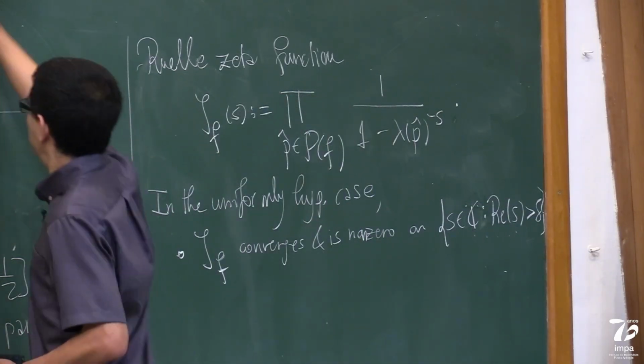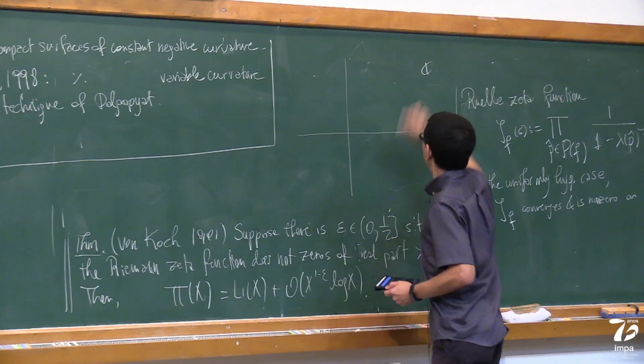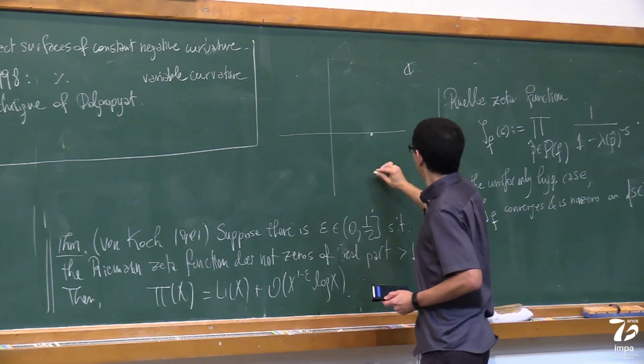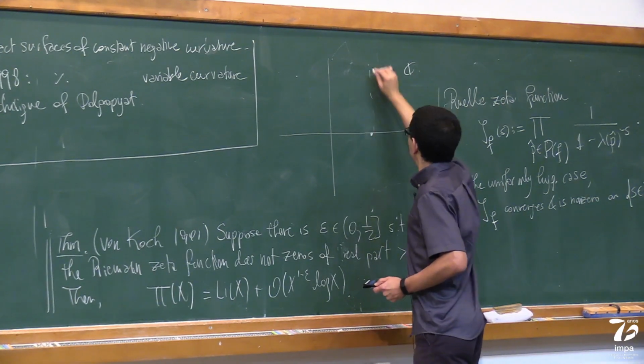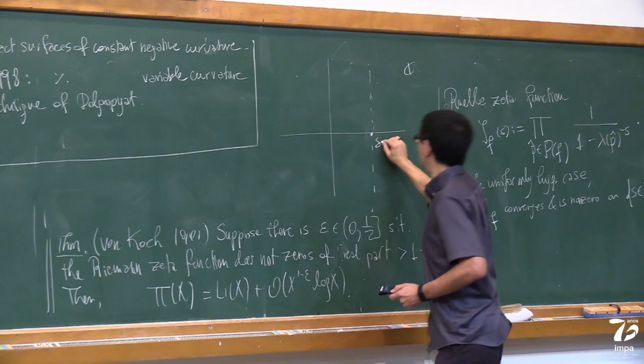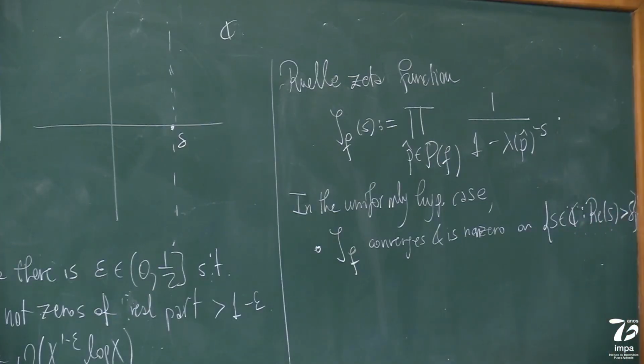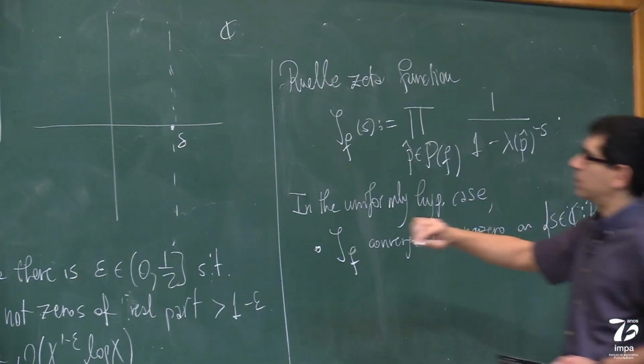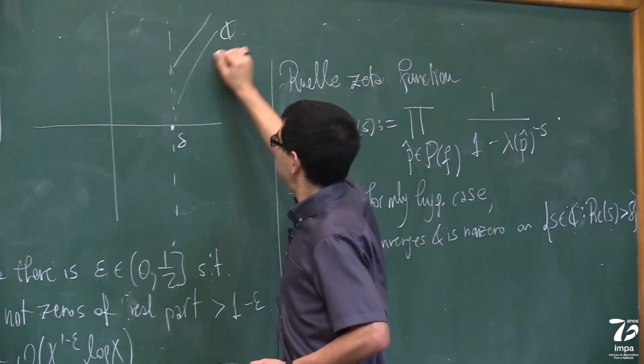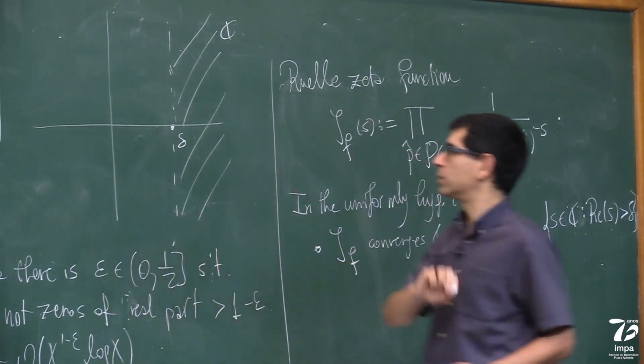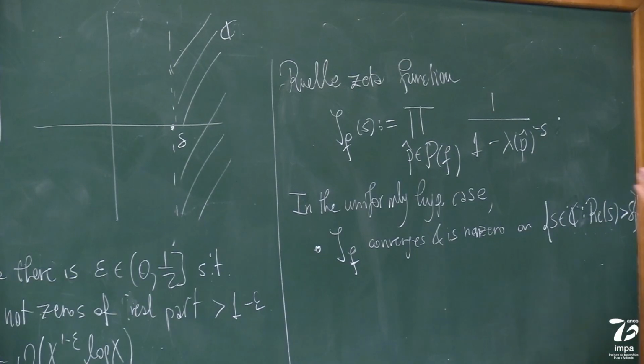So if we have the complex plane for the variable s, we have the Hausdorff dimension delta, and Ruelle proved that you have convergence and no zeros on this right half plane.